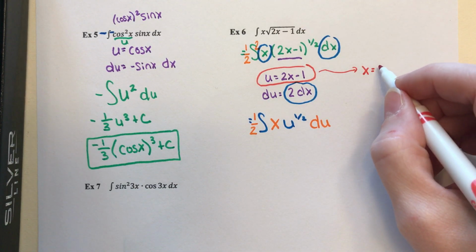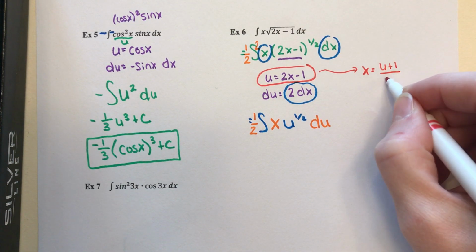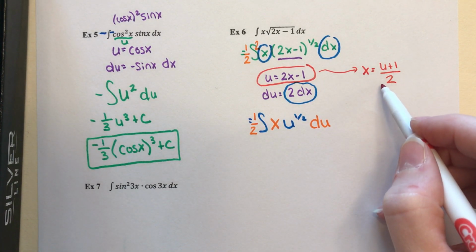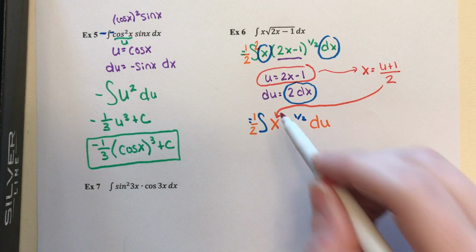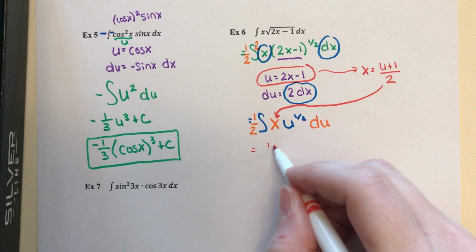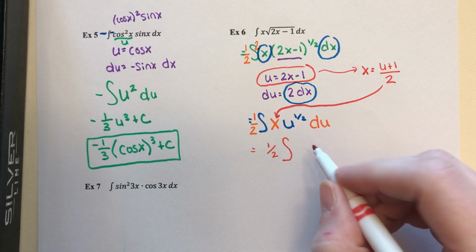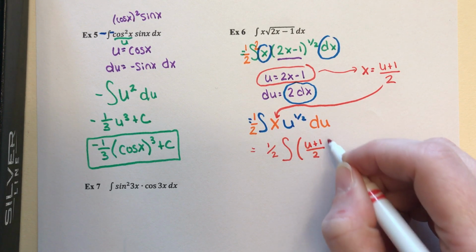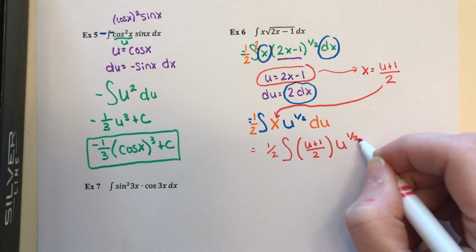So x would equal u plus 1 over 2. And I can plug that in for my x down here, and that'll fix the problem. I won't have any x's anymore, I'll have all u's. So I'm going to rewrite this. 1/2, the integral. X I can write as u plus 1 over 2 times u to the 1/2 du.